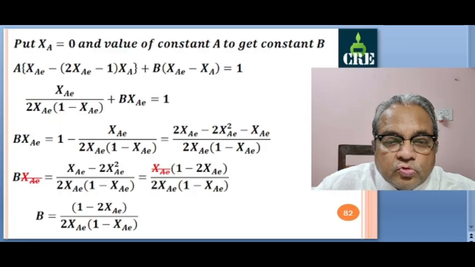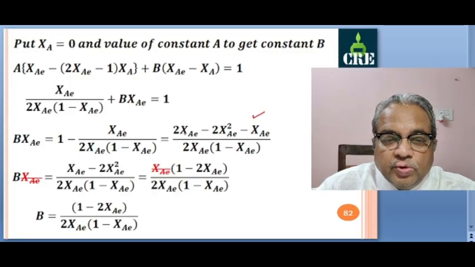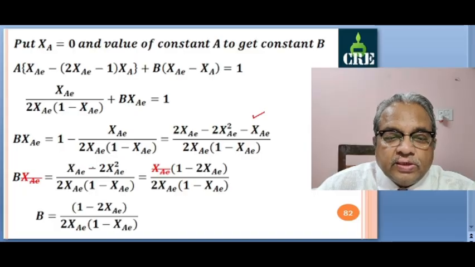This is 2XAe minus 2XAe squared. So if I multiply by 1, it is 2XAe minus 2XAe squared minus XAe. This is the numerator. The denominator is the same. So 2XAe minus XAe is XAe, so XAe minus 2XAe squared, same value of denominator here.